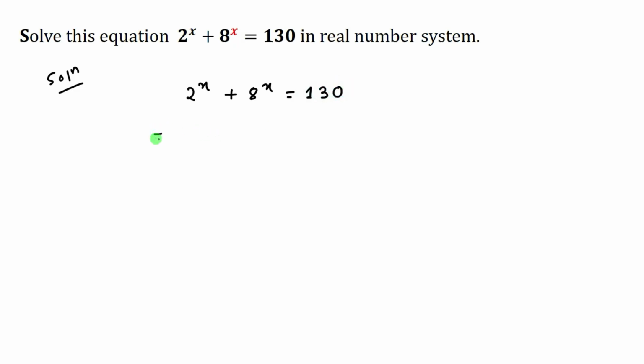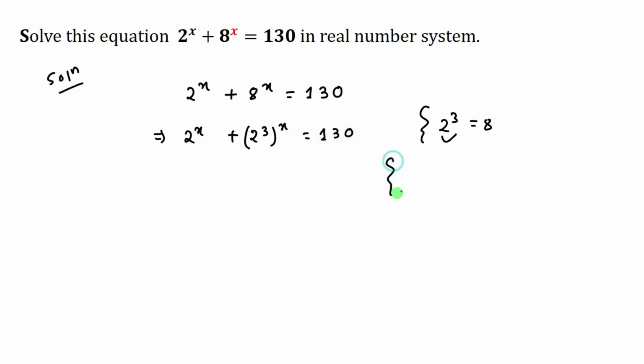In the next step, we have 2 to the power x plus, here I can write 8 as 2 cubed, since 2 cubed is nothing but 8. So 2 cubed, whole to the power x, equals 130.